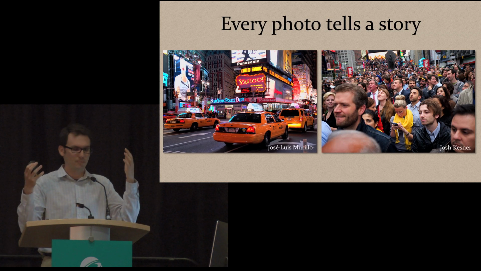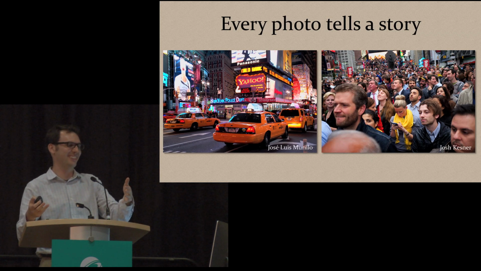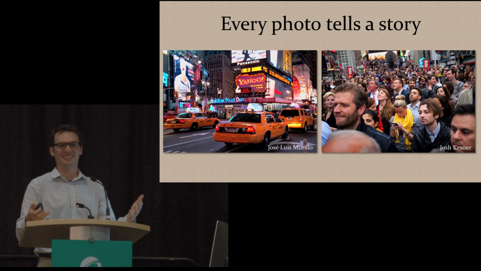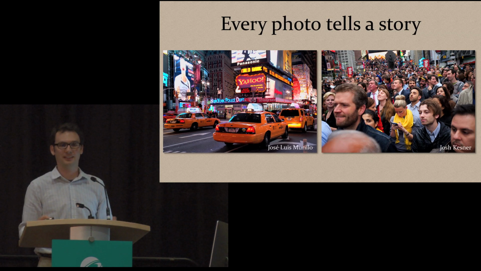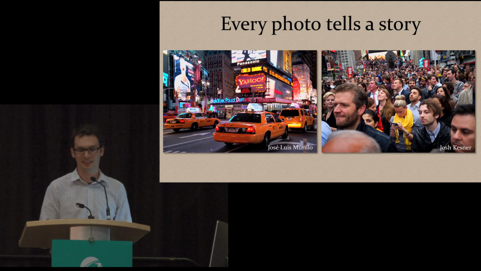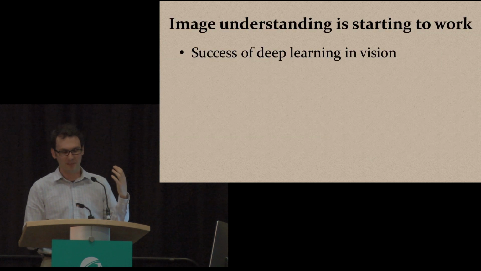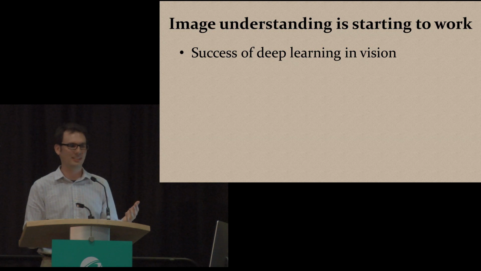But in order to do this, we have to have a computer that understands yellow scarves and people and cars. It requires a deep understanding of the story these photos are telling us, and that's where I'm excited by recent work in computer vision.